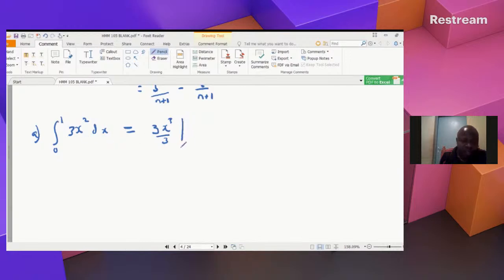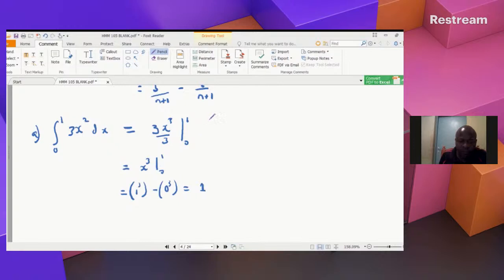So let's just put the limits 0 to 1. This is the same as x cubed with the limits from 0 to 1. Now put 1, it will be 1 cubed. What about when you put 0? It will be 0 cubed. So the answer here is 1.